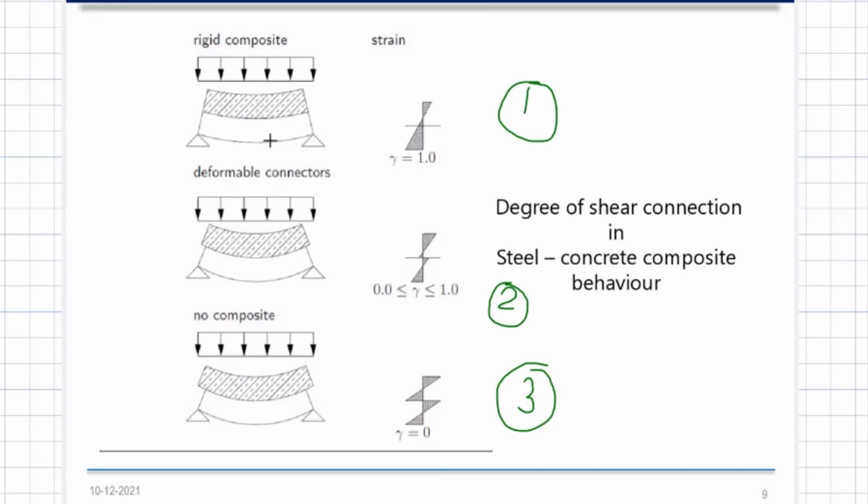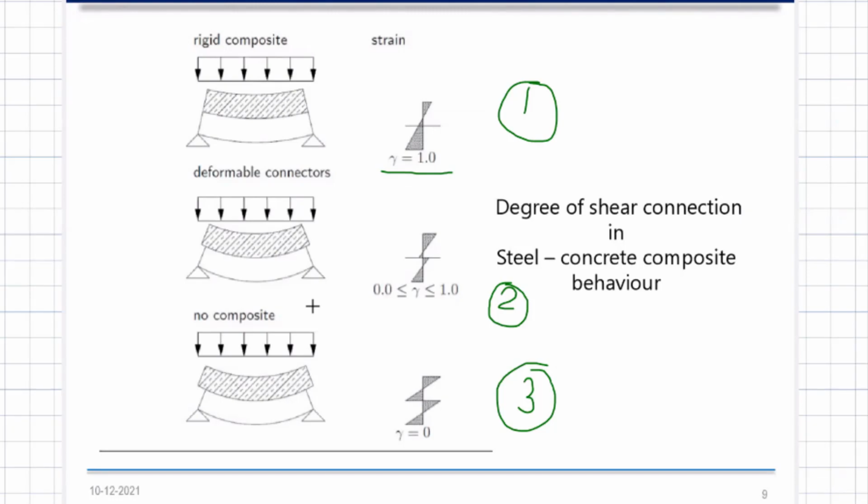I can make a system in which there is literally no slip. For theory, I say there is absolutely no slip between the steel and concrete. So I can have partial shear connectors. That means as long as my strength is satisfied, I can allow a bit of slip to happen between the steel and the concrete. That's fine.